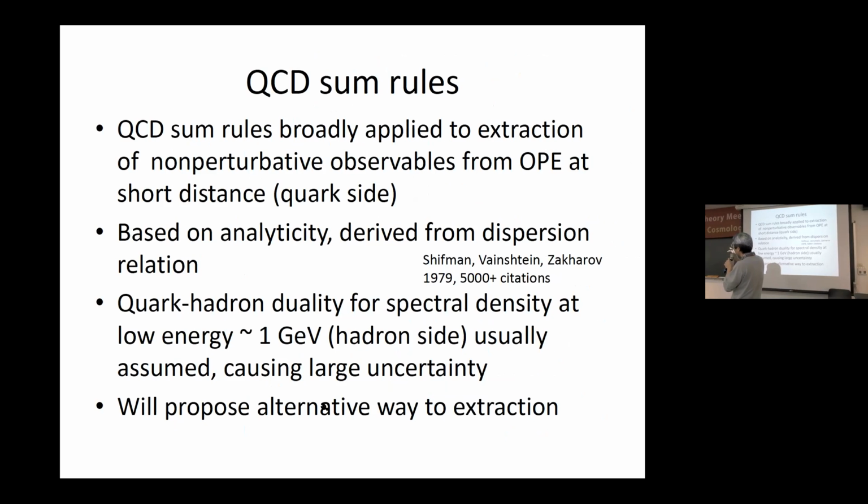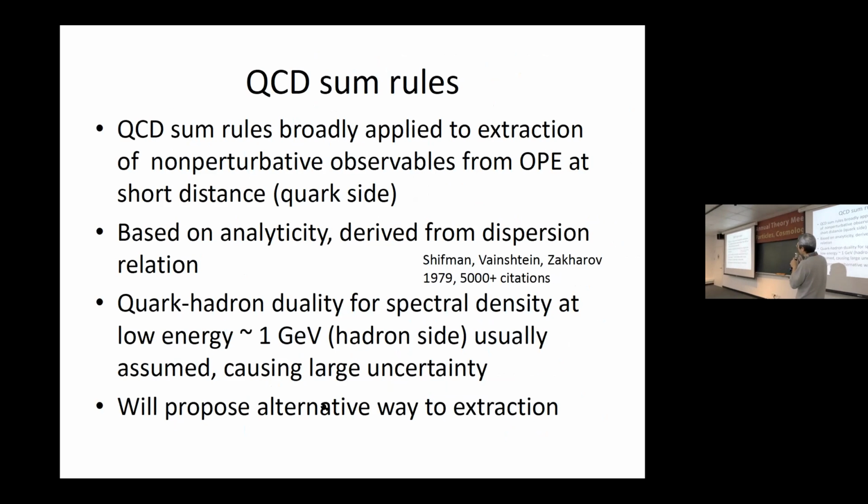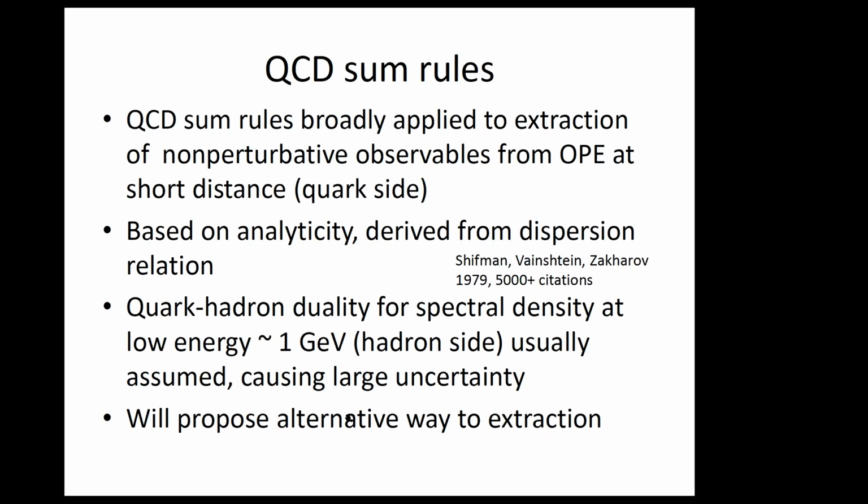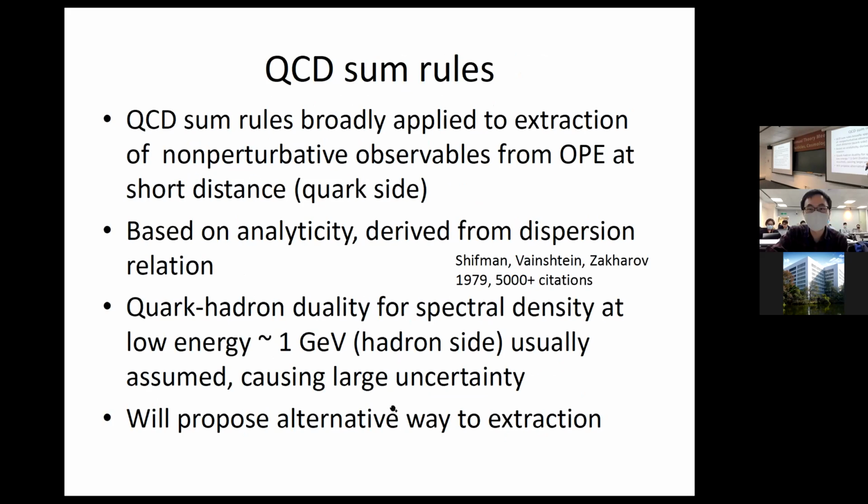There are two sides of the QCD sum rules. One is called the quark side, the other the hadron side. On the quark side, people apply the operator product expansion. For the hadron side, we have to know the information from the spectral density, so people assume quark-hadron duality.